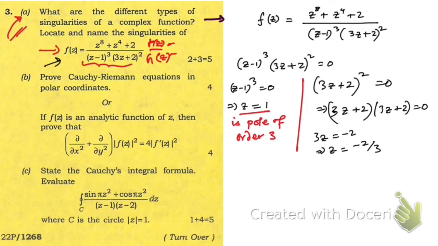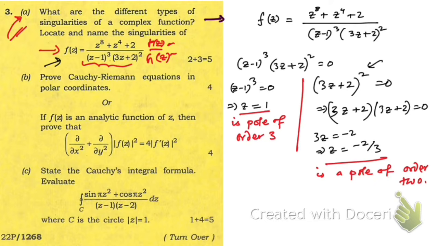And again here you see, as there is a power 2, it is a pole of order 2. This is a pole of order 2, right?